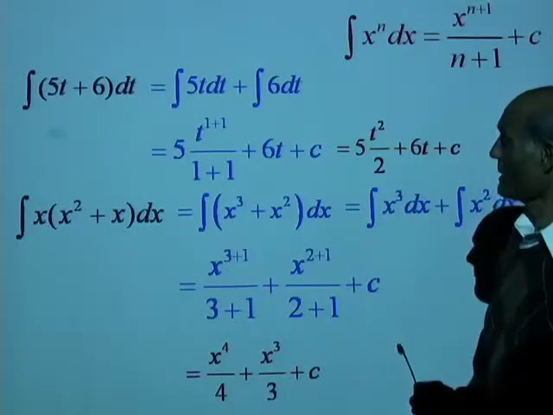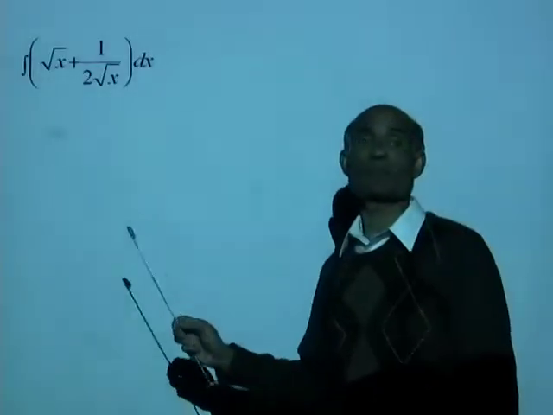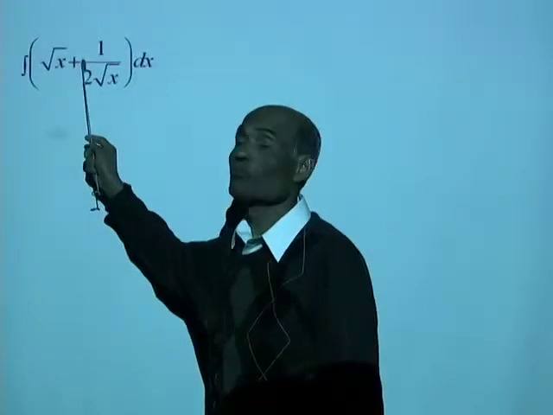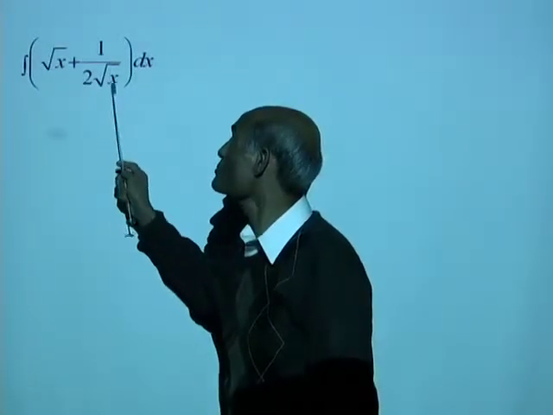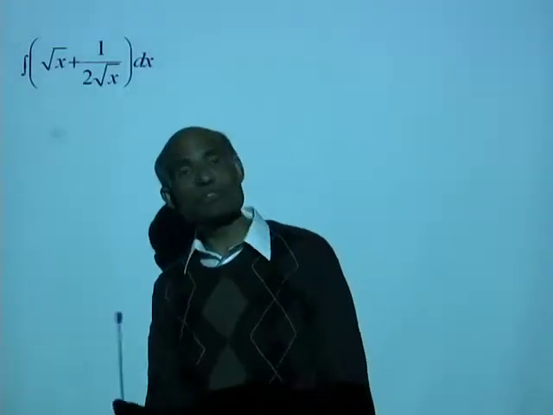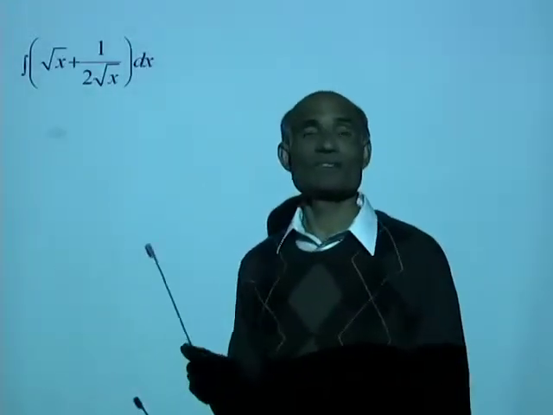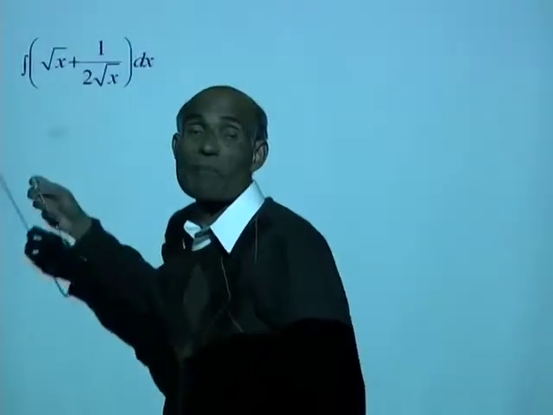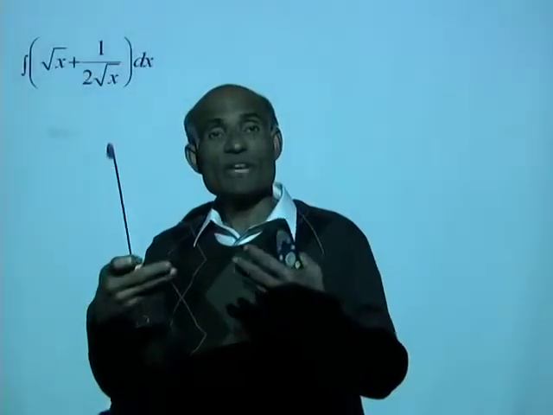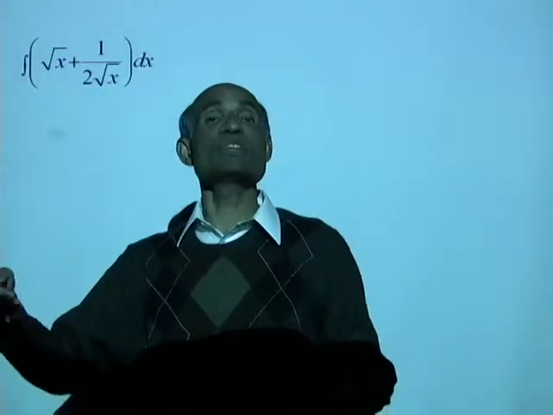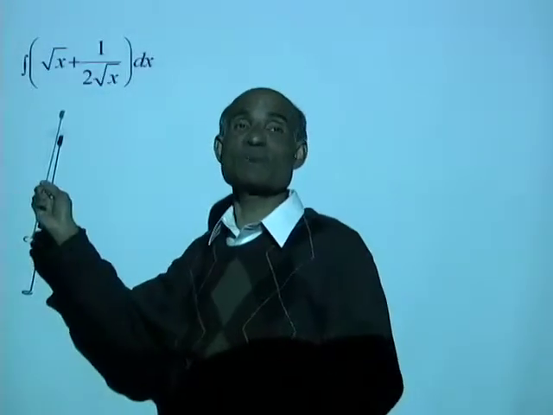Okay, let's move on and do another one. Integrate square root x plus 1 over 2 square root x. Well, what will you do to integrate this? Remember, you need to reduce each term to the power rule form, x to the power of n dx, in order to integrate.